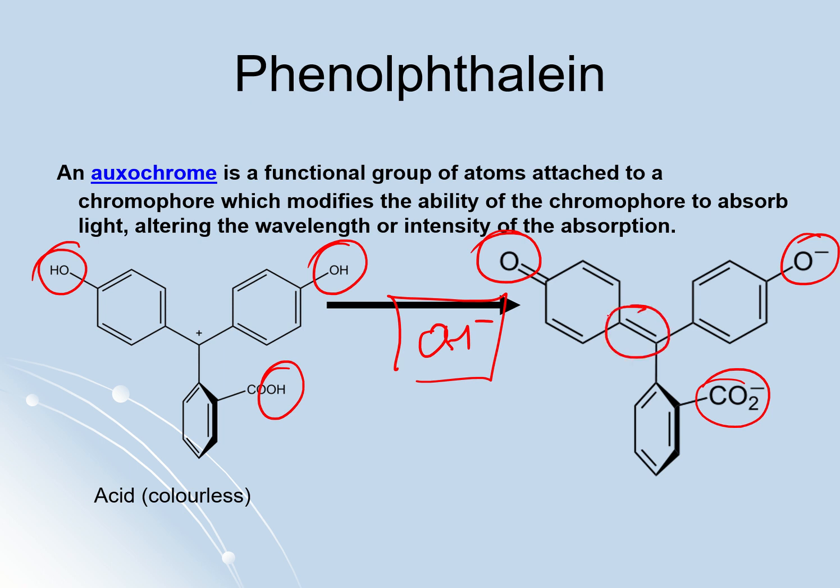Now by altering this group, I've now extended that area of conjugation. So whereas here the area of conjugation was broken, if you like, now I've extended it, okay, and it runs throughout the entirety of the molecule. And this is now alkali.